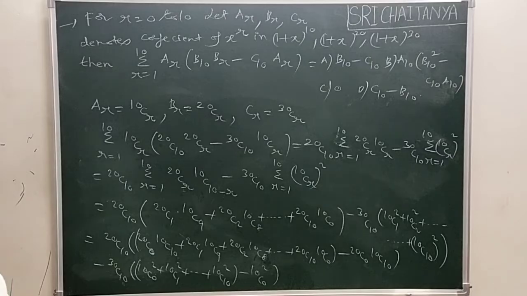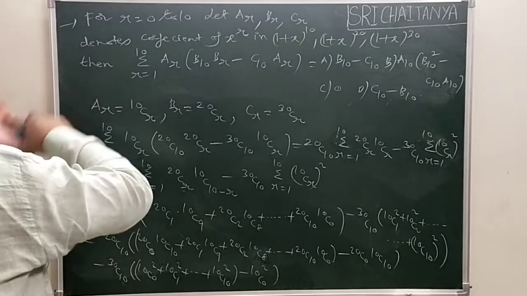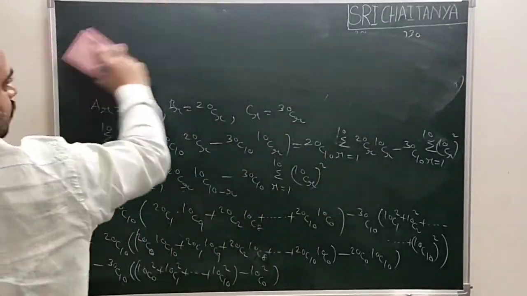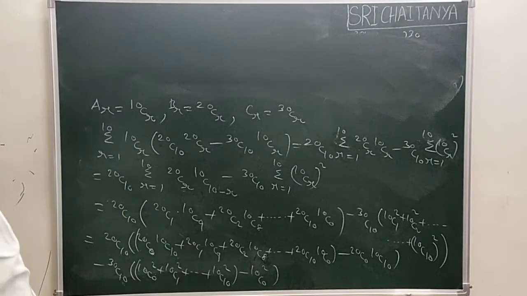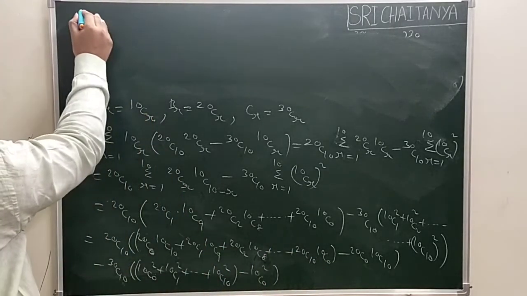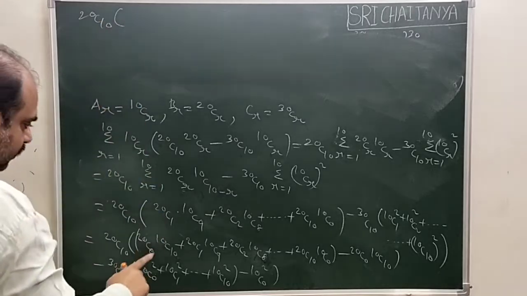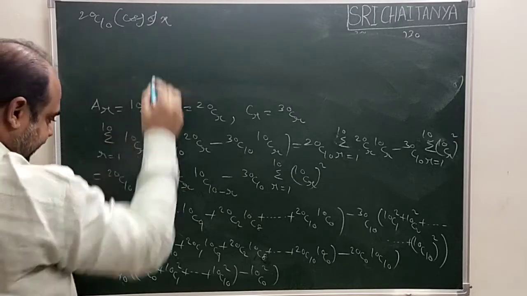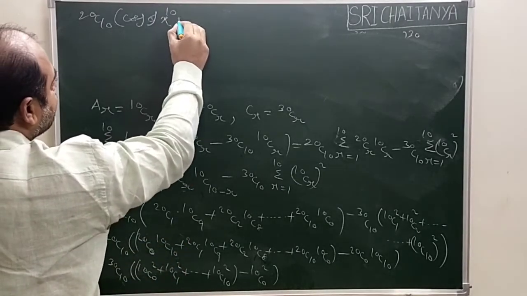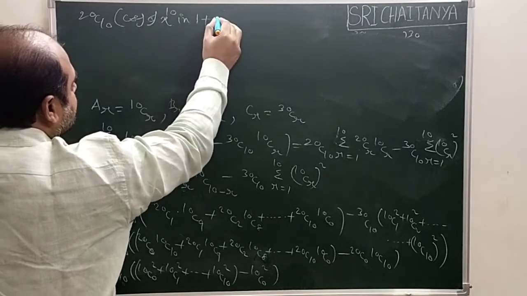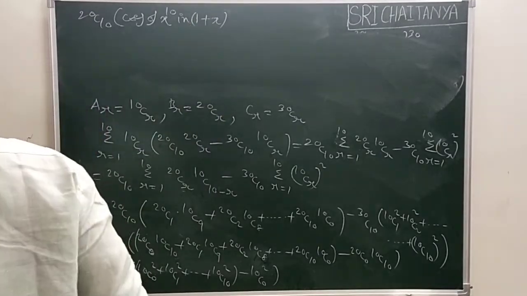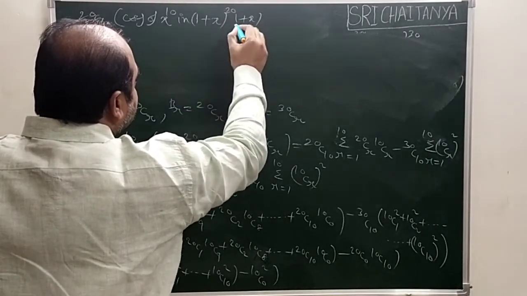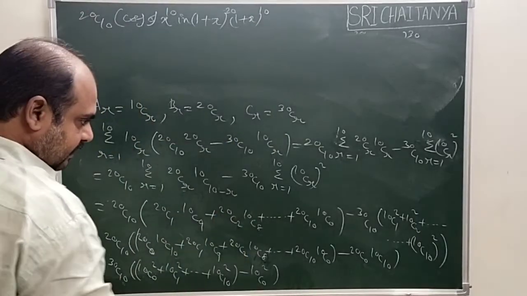So if you look here, from here to here it is 20C10 into the coefficient of x to the power 10 in (1 plus x) to the power 20 into (1 plus x) to the power 10.